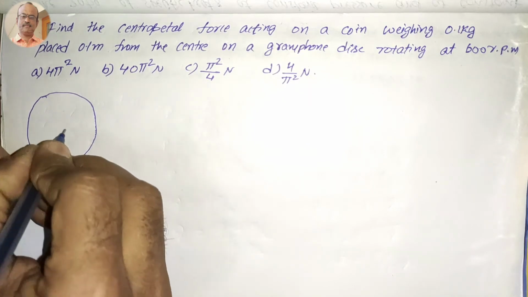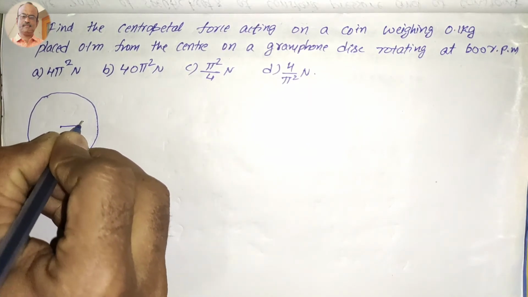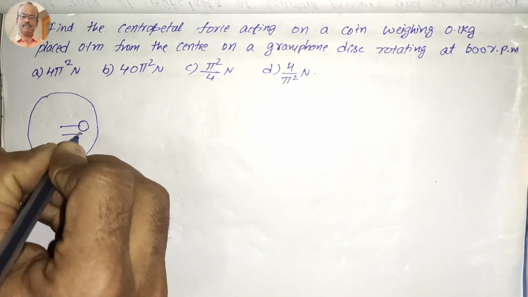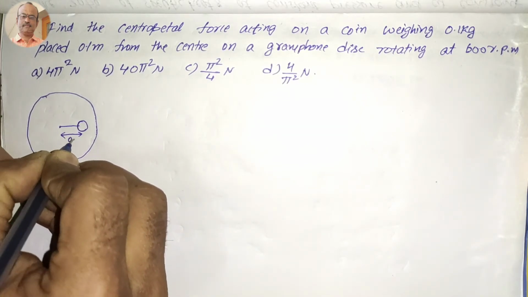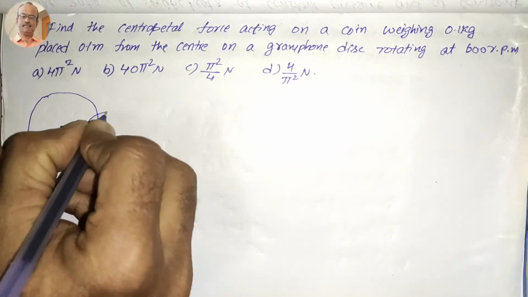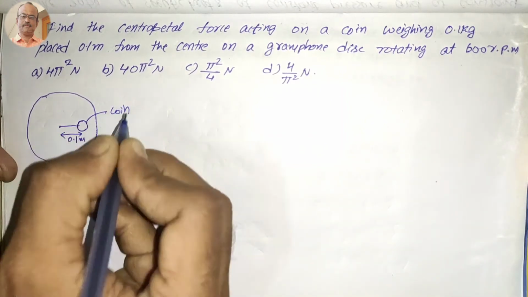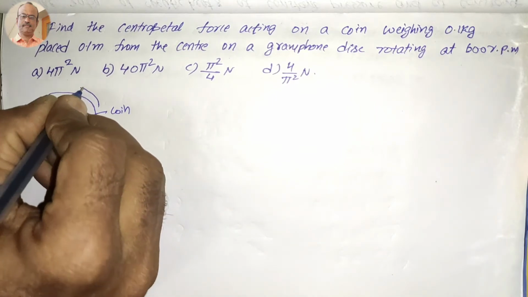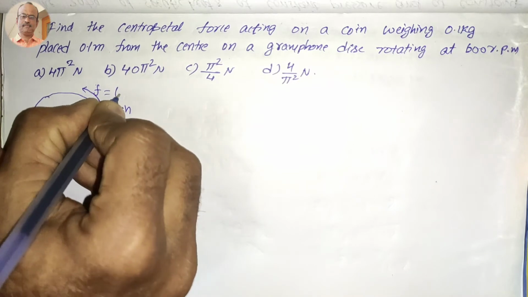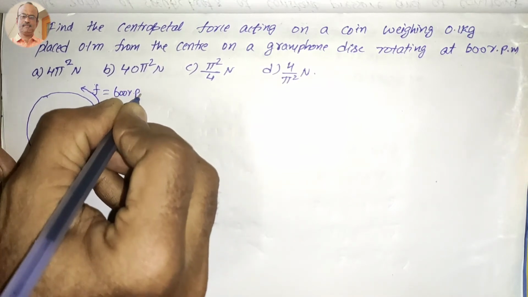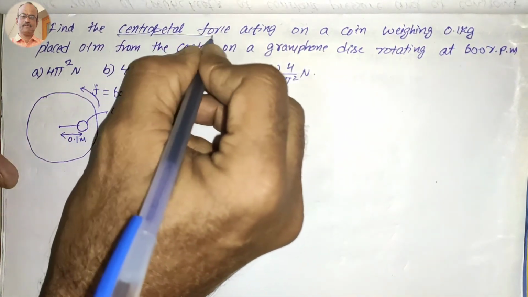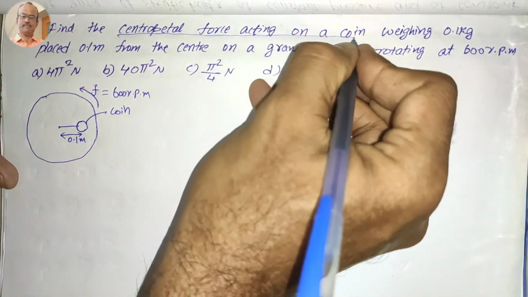On that record, from the center, there is a coin placed at a distance of 0.1 meter, and this disc is rotating with frequency f equal to 600 rotations per minute. So which one do we want to calculate here? The centripetal force acting on the coin.